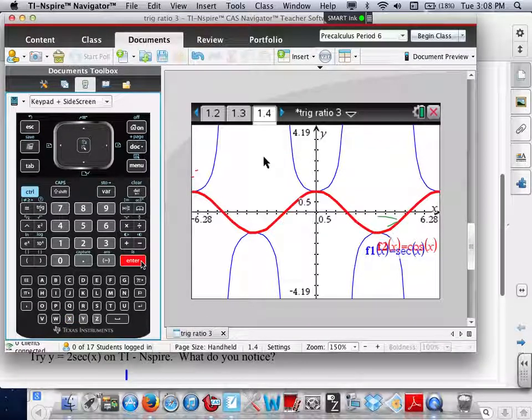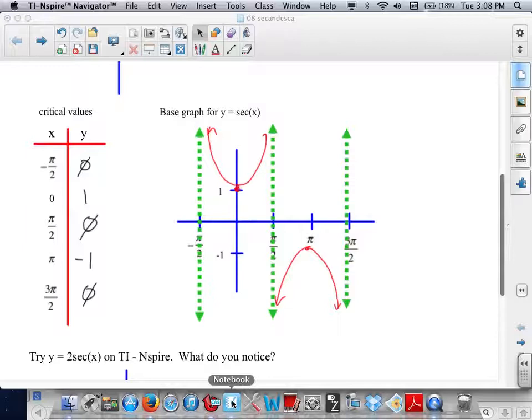If I do its reciprocal, you see how you get those parabolas? And can you see that there's an asymptote right here where cosine is 0? Right here and right here. Okay, and the blue one is what we're going to memorize. Okay, let's go ahead and come back to our smartboard document.